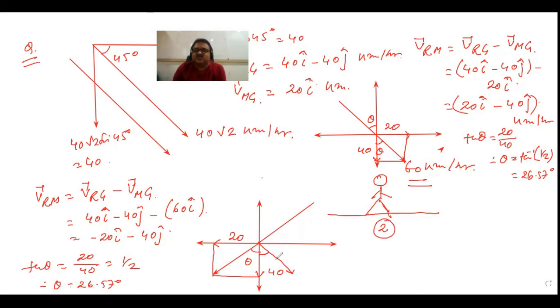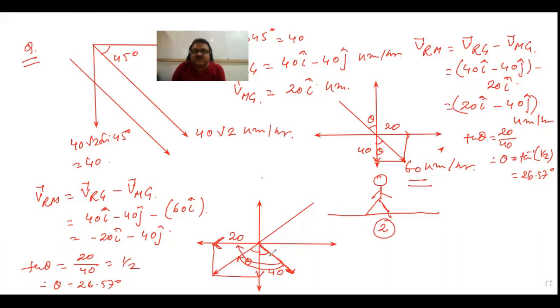Initially he is holding the umbrella like this. As the speed increases, the tilting angle increases. Look. This is the angle. Now, if he increases the speed more, the angle will be more like this. Correct? And if he starts moving with a very high speed, he needs to hold his umbrella almost like this. Is it clear?